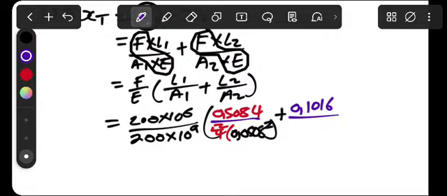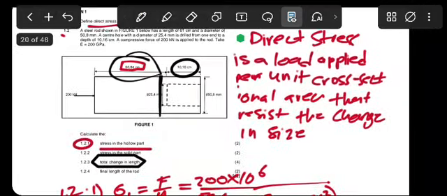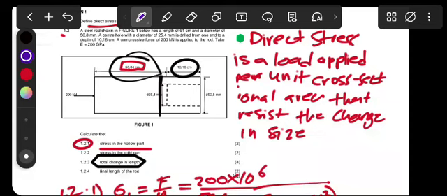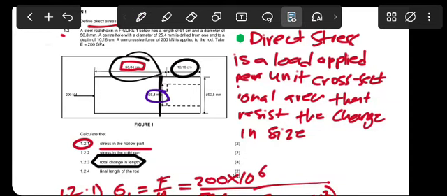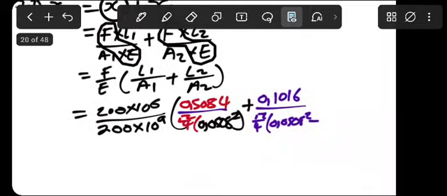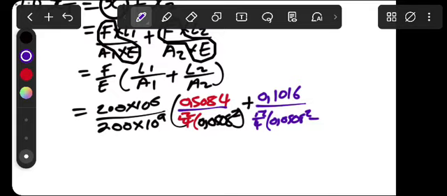Divide this into the cross section, pi over 4 into 0.0508 squared minus, remember this is a hollow part now, it's a hollow section, so subtracting them, minus 0.0254 squared.